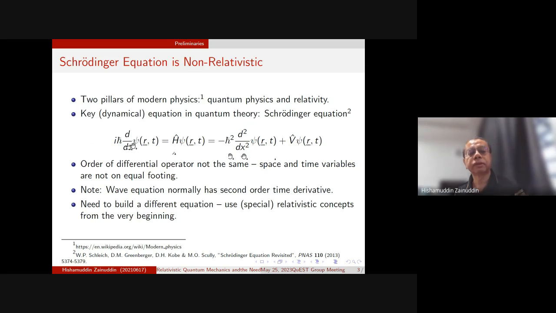So the order of the differential operator is not the same. Definitely this is not quite what one has in relativistic theory, because in relativistic theory you have both space and time on equal footing. So this is not on equal footing.